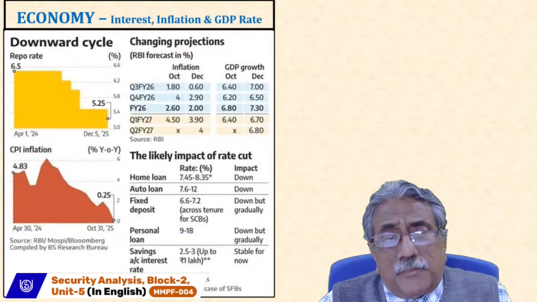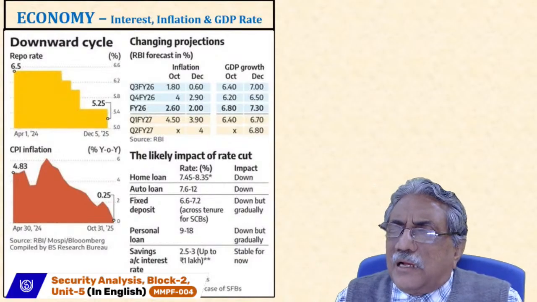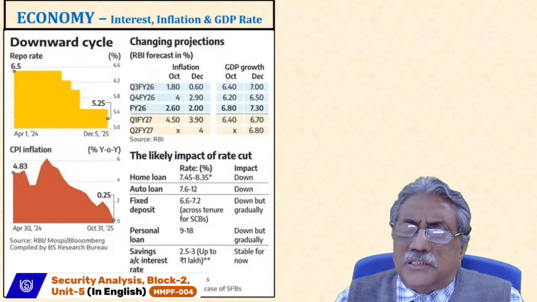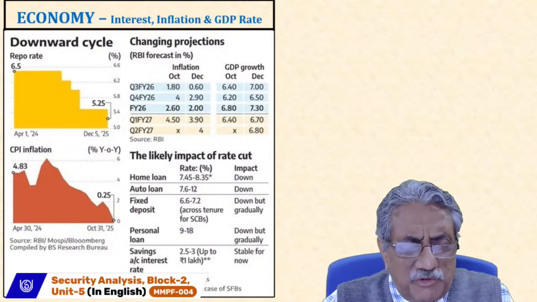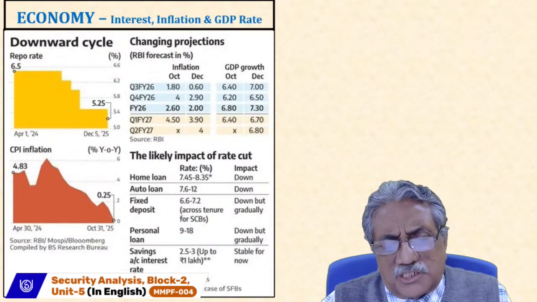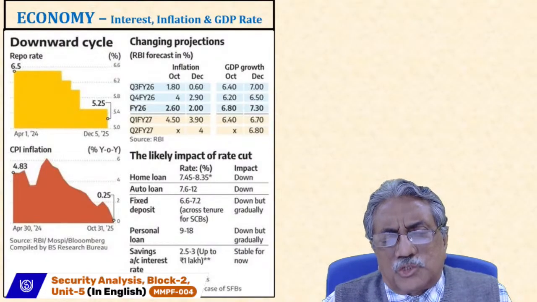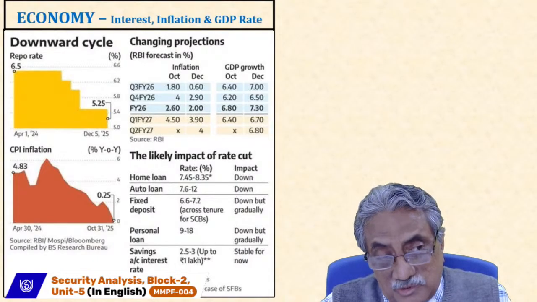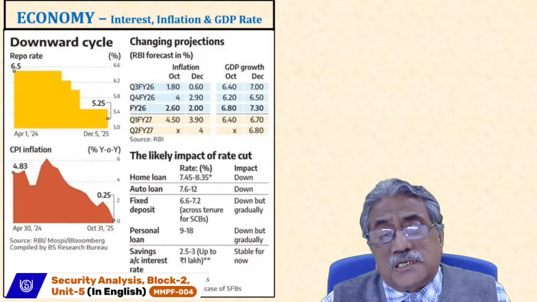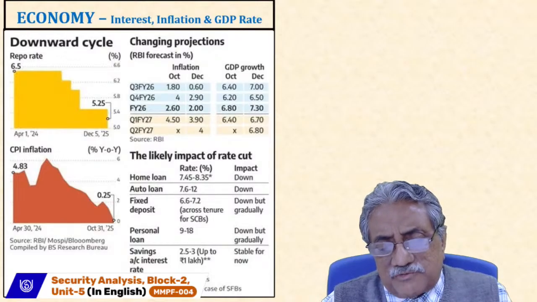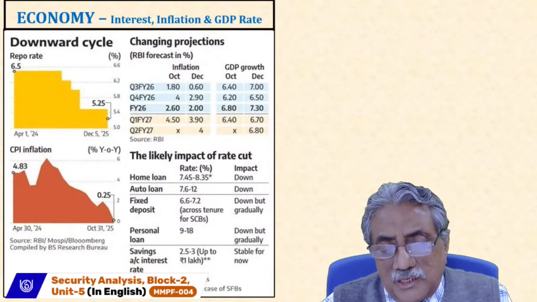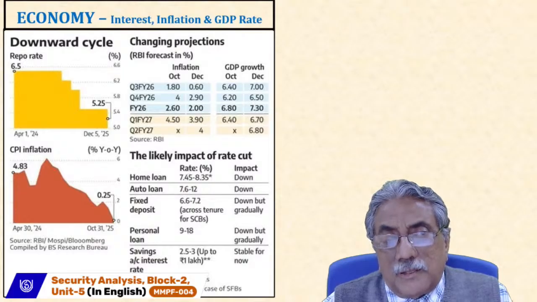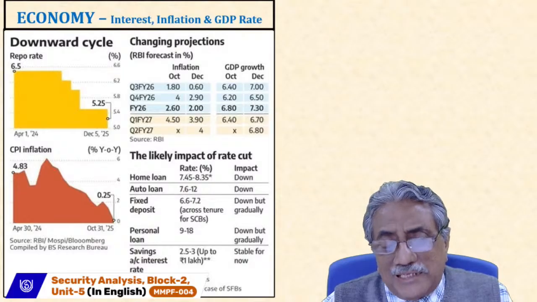So, the downward cycle. Repo rate is the rate at which RBI lends money to the commercial banks. Now, if commercial banks get money at a lower cost, they will also pass on the lower cost to the industries. So industries' borrowing cost will come down. I repeat again: if RBI reduces the repo rate, as it is 5.25 in December, banks will borrow from RBI at 5.25.